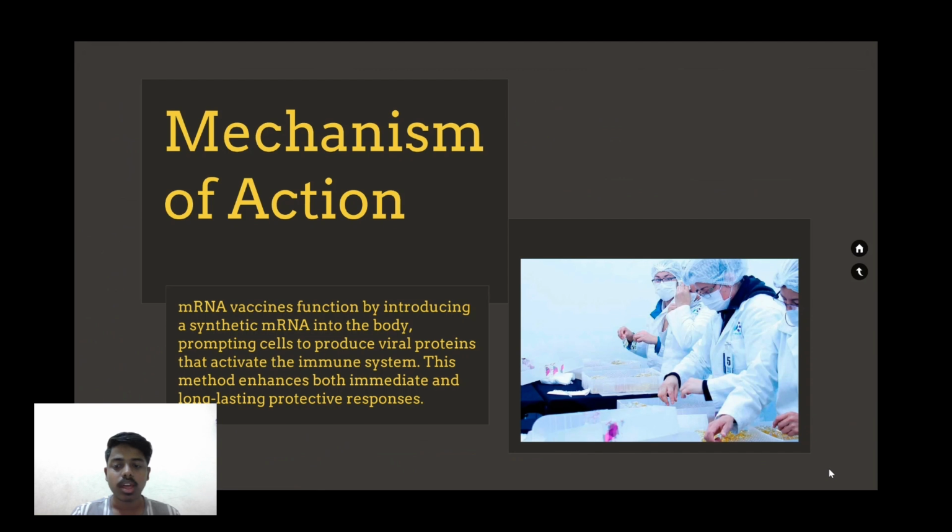Mechanism of action. mRNA vaccines function by introducing synthetic mRNA into the body, promoting cells to produce viral proteins that activate the immune system. This method enhances both immediate and long lasting protective responses.